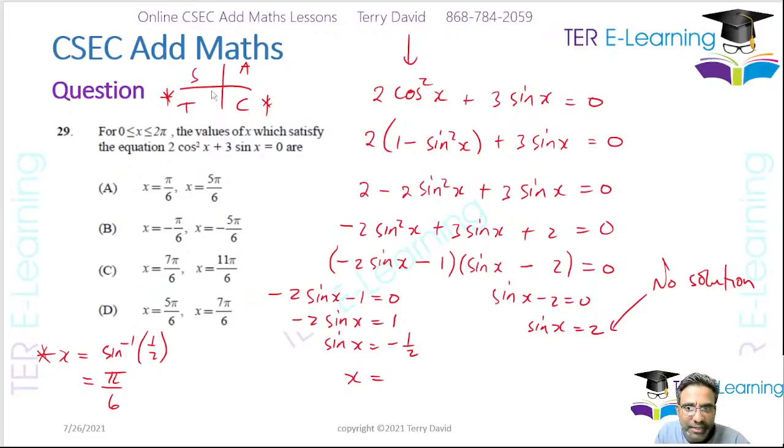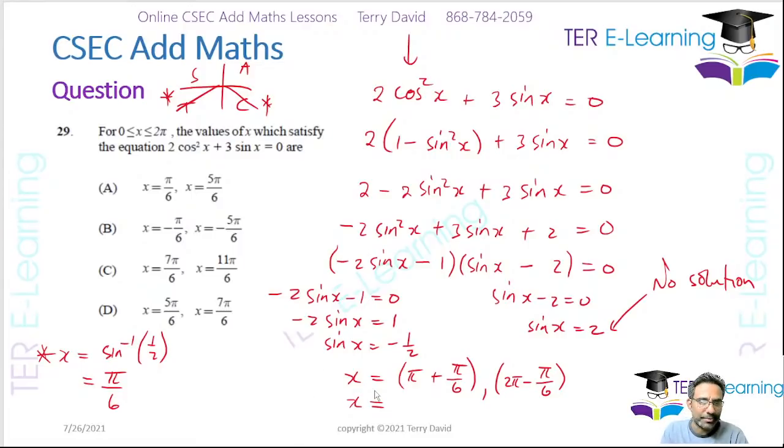If it's negative, we need to find an angle in the third quadrant and the fourth quadrant. The angle in the third quadrant should be pi plus pi over 6. That's one solution. The next solution will be 2 pi minus pi over 6. Now I can't go into too much detail as to how we're working this out; this is an in-class thing. So 1 plus 1 over 6 is going to give me 7 pi over 6.